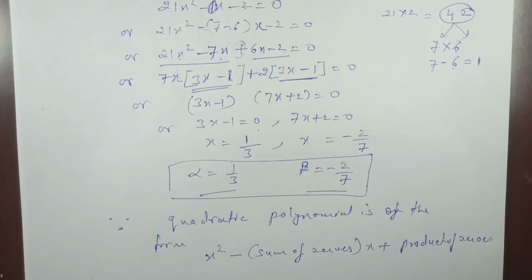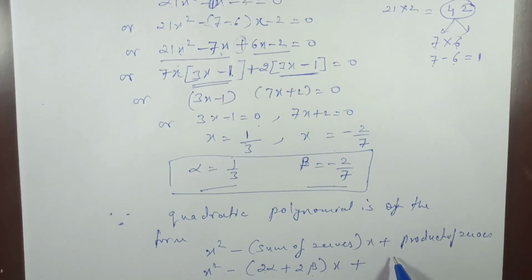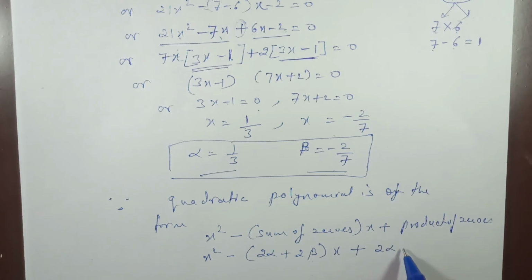Now what zeros do we have to take? 2 alpha plus 2 beta, because the zeros given for the next quadratic polynomial which we have to frame are 2 alpha and 2 beta, and 2 alpha into 2 beta. Let us first solve it.